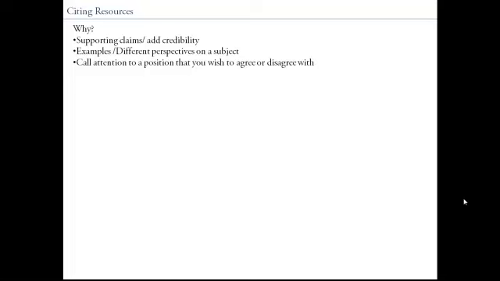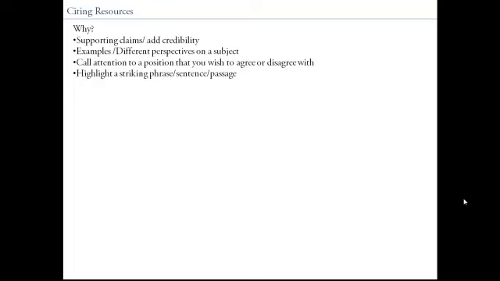If you want to take a specific position that you want readers to agree or disagree with, because you're agreeing or disagreeing with the resource, with the perspective, that's when you cite resources. So if you want to say 9/11 was not a conspiracy theory, it was a terrorist attack, you use resources that prove your fact and also disprove the idea of it being a conspiracy theory.